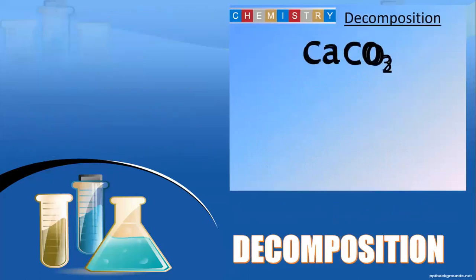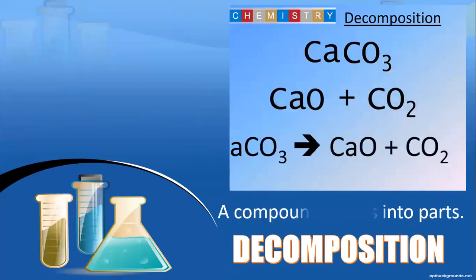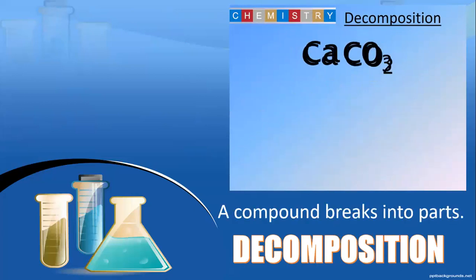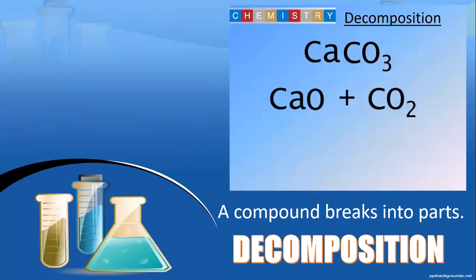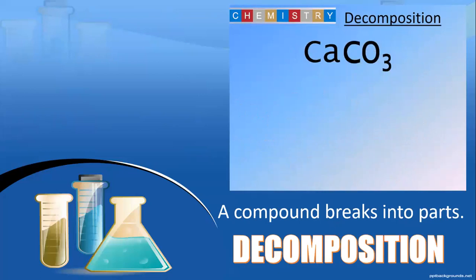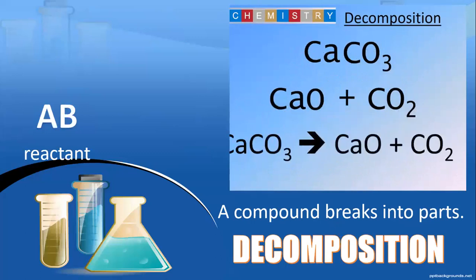The fourth type of chemical reaction is decomposition. This type of reaction is the opposite of synthesis. A more complex substance, which is the reactant, breaks down into two or more simple parts. Let's say, for example, we have the reactant AB.